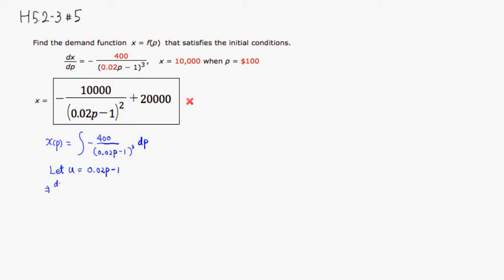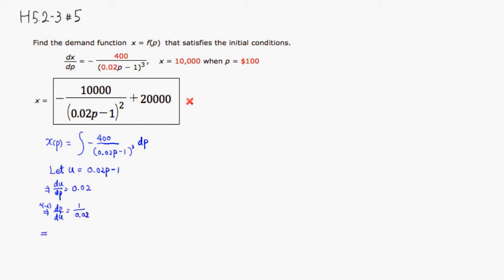So take the derivative of u with respect to p. That'll be 0.02. And take the reciprocal of both sides, so I'll raise it to the negative 1 power. dp over du is equal to 1 over 0.02.